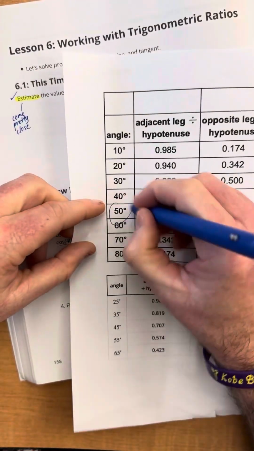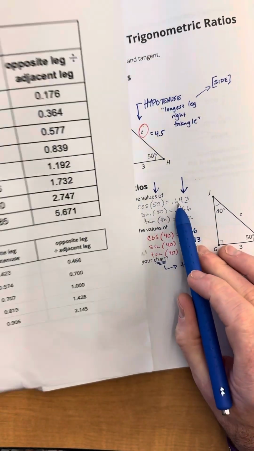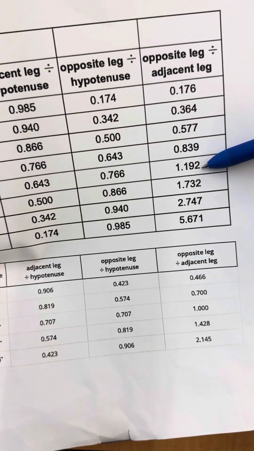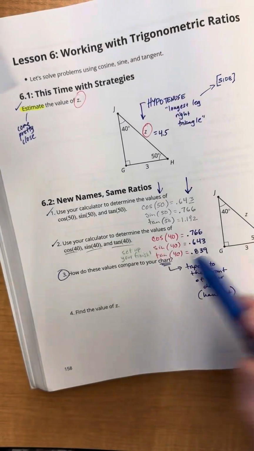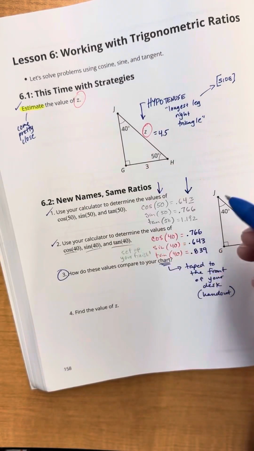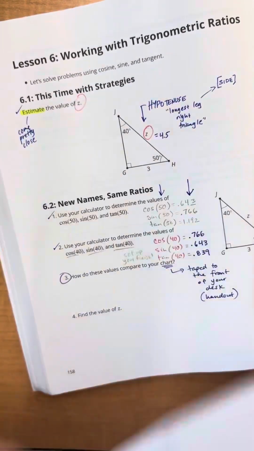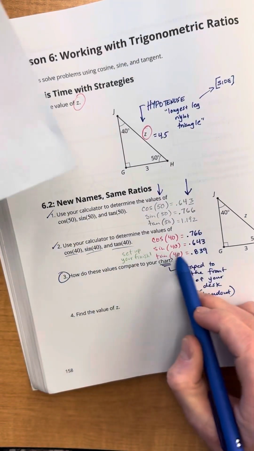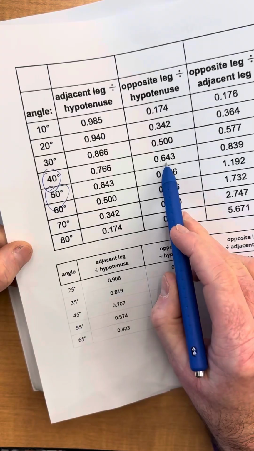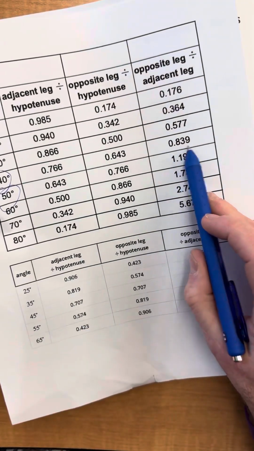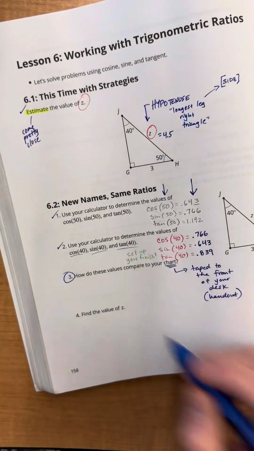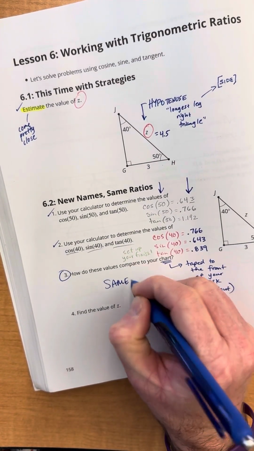So here's the 50. 0.643, 0.766, 1.192. 40, let's look at 40. Here's 40. 0.766, 0.643, 0.839. How do these values compare to this chart? They are the same. Wowzers.